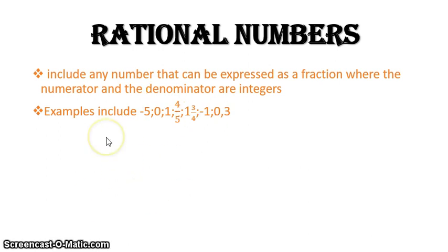If a number cannot be expressed as a fraction, it's not a rational number. Rational numbers can include negative and positive numbers. The numerator and the denominator must be integers.